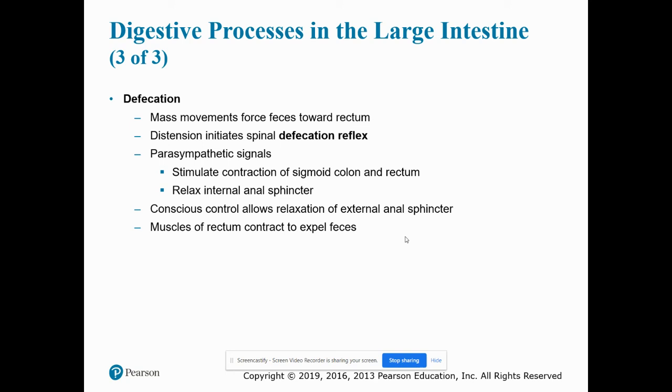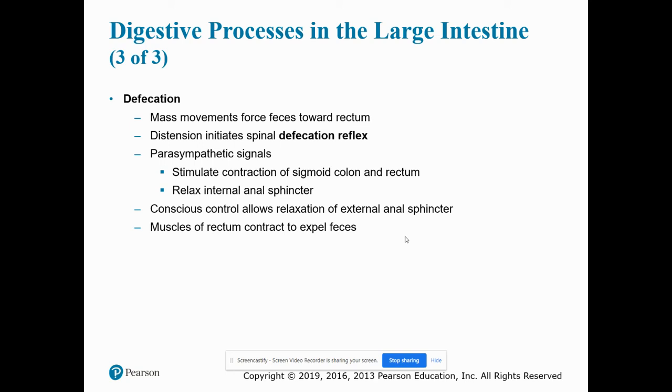So the process of defecation: mass movements force feces toward the rectum. Distension initiates the spinal defecation reflex. Remember, distension is stretching. And you may have talked about the defecation reflex when you talked about reflexes at the end of A&P 1.